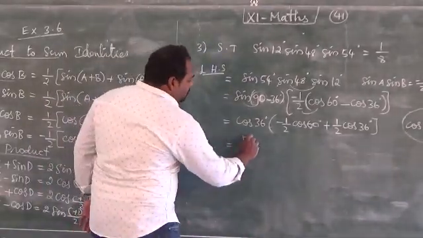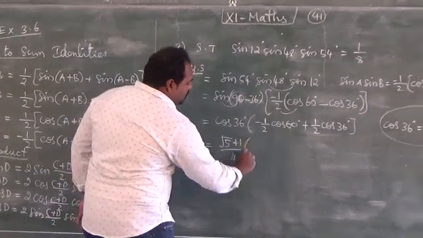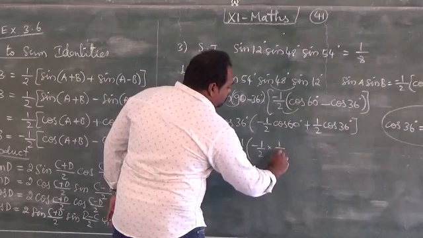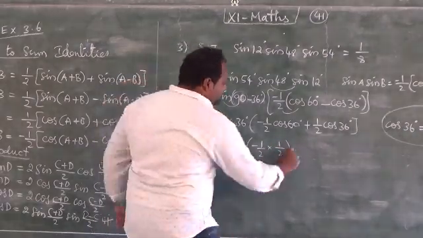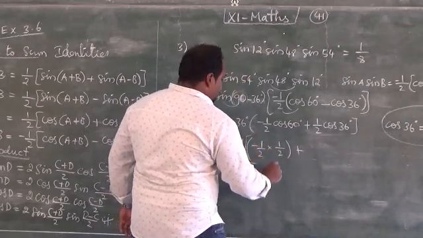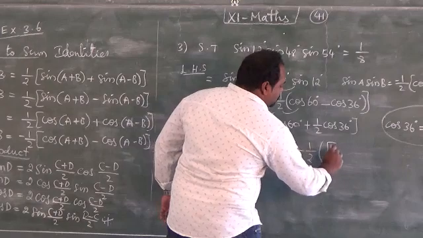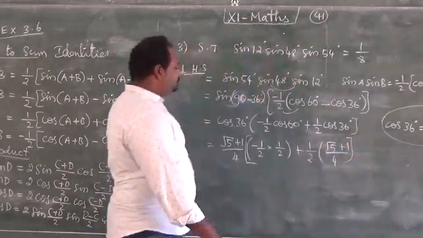Okay, the values I am going to substitute. Here minus 1 by 2 cos 60, and the cos 60 value is 1 by 2, plus 1 by 2 into (root 5 plus 1) by 4.